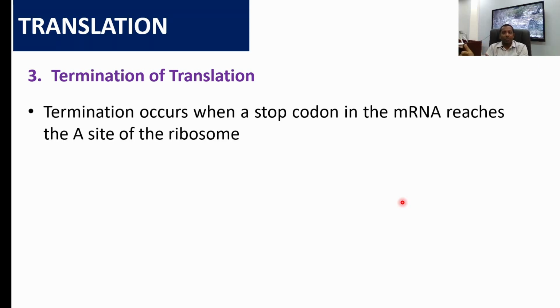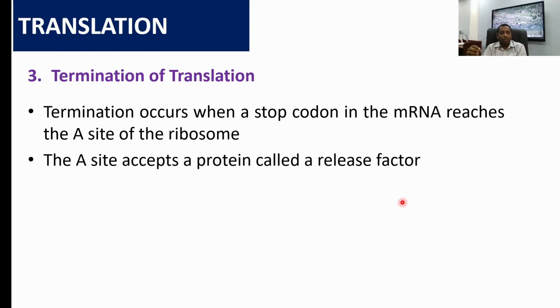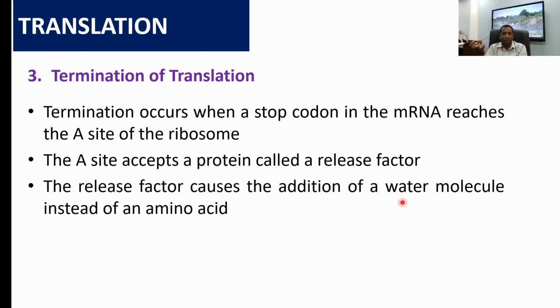So termination occurs, as I mentioned, when the ribosome reaches the stop codon at the A site of the ribosome. So once the A site reaches the stop codon, it accepts a protein called a release factor instead of a tRNA molecule.